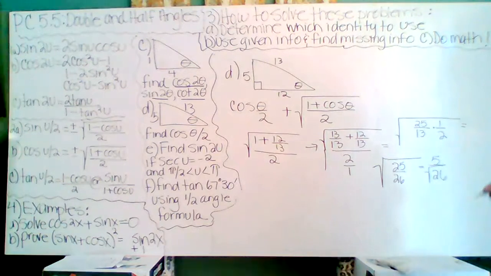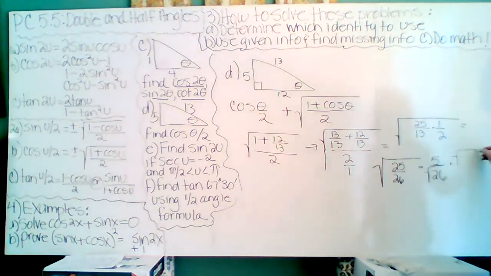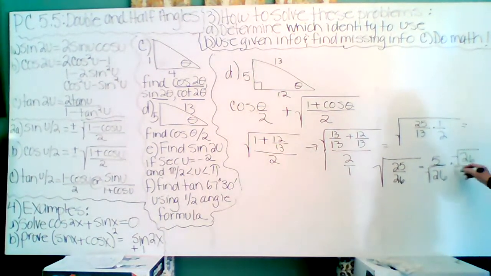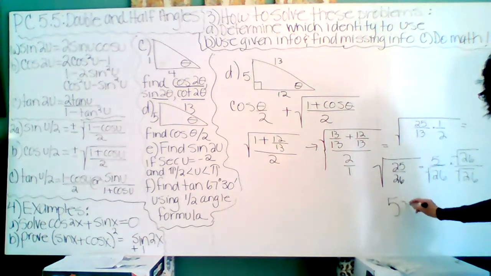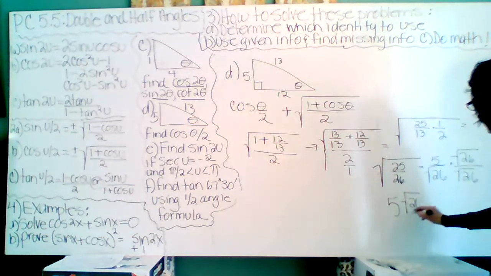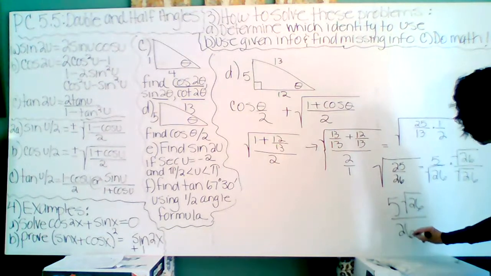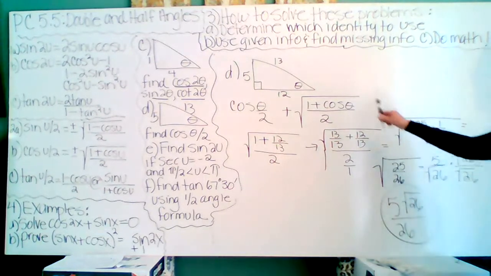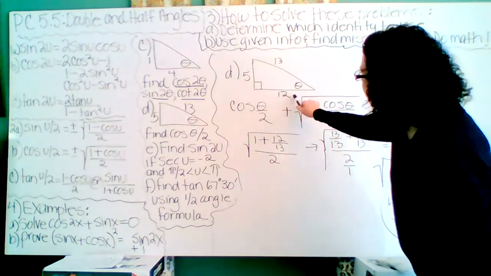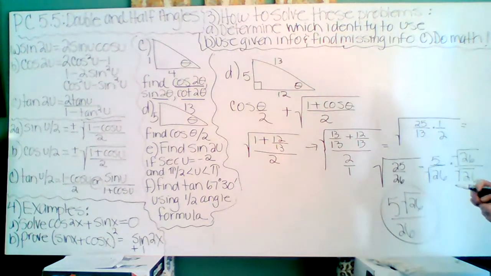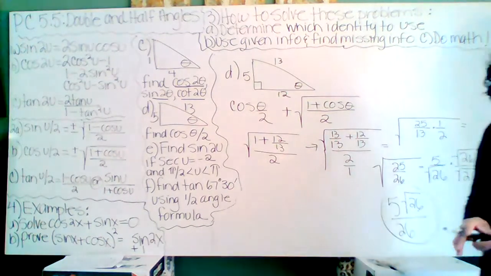So there's a correct answer, but they probably rationalized the denominator. So we will too. And our final answer is 5 square roots of 26 over 26. So for this angle here with the given information, if I took half that angle, its cosine would be 5 square roots of 26 over 26.